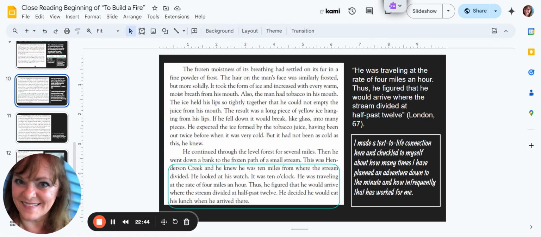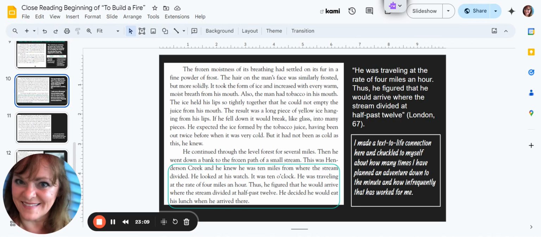All right. I just made a note here in italics that I made a text to life connection here. And I did kind of chuckle to myself thinking about, yeah, he's got these plans of, oh, if I'm traveling this far, it seems like he's got everything computed for himself. And I laugh because of how many times I have planned an adventure.